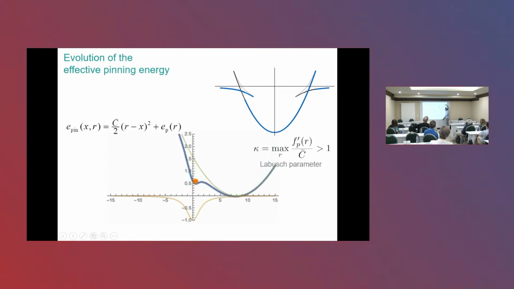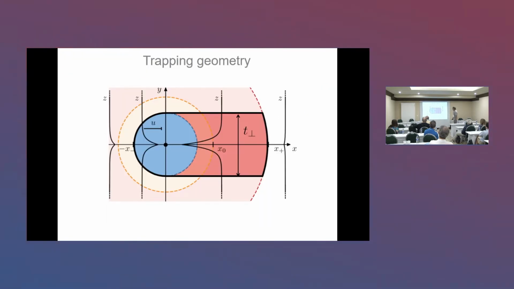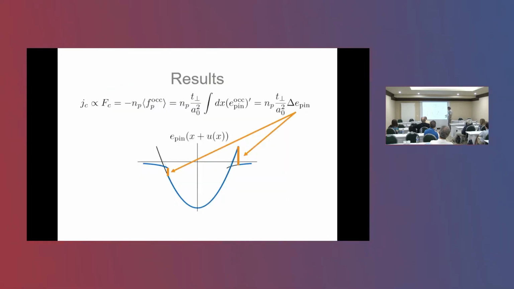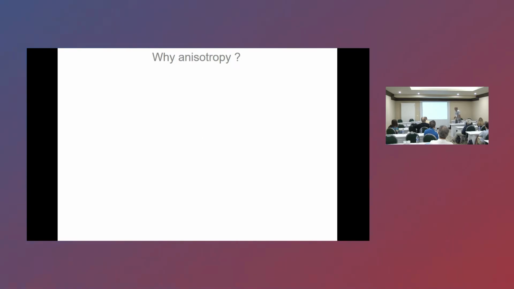Now it would be good to jump, but we jump only here. So that's how it goes. And if we come to a vortex not head-on, but at some distance, then we get a trap, and the average pinning force is given by the jump in energy times the trapping distance. So this is for the isotropic situation.